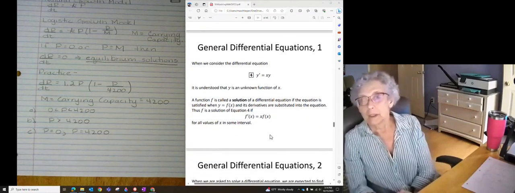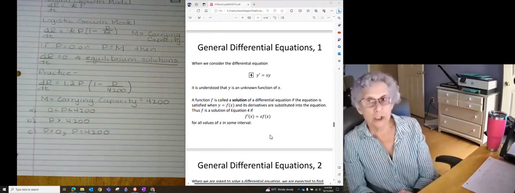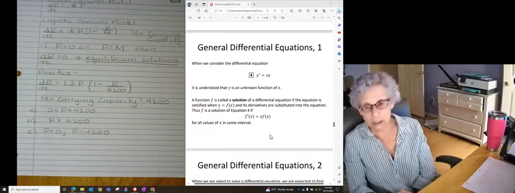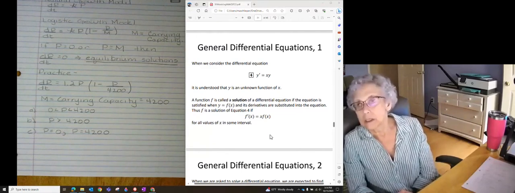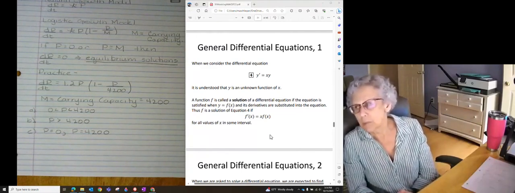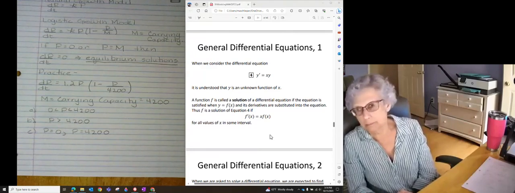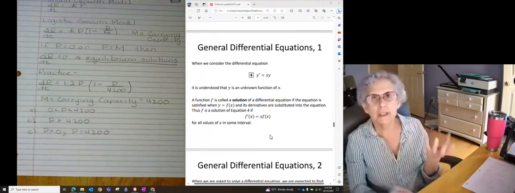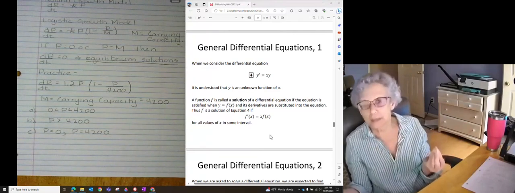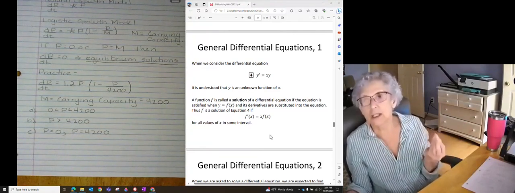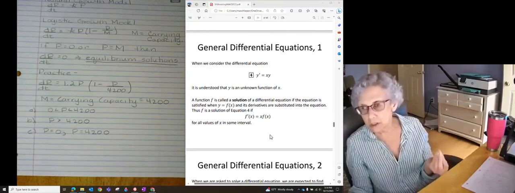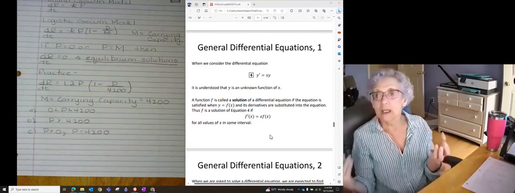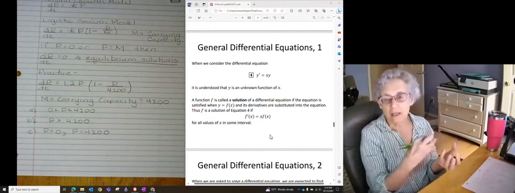Okay, so let's talk about general differential equations again. We consider the differential equation y prime equals x times y. It's understood that y is a function with x's in it. A function f is called a solution to the differential equation if it satisfies that equation.